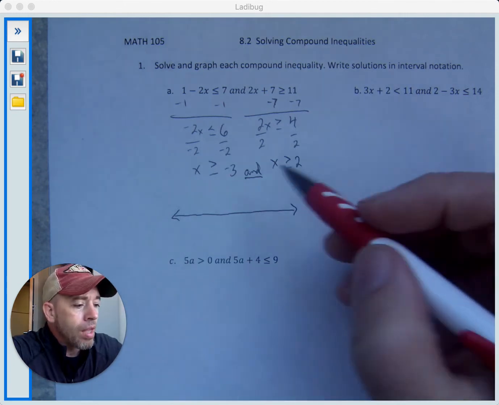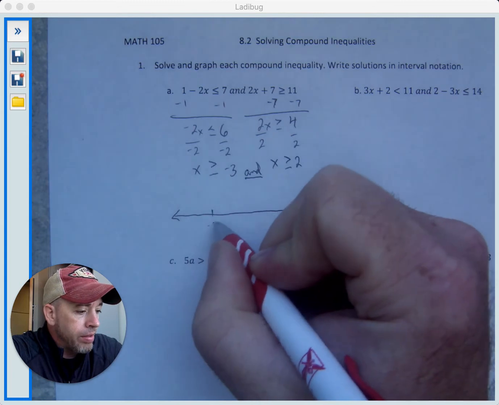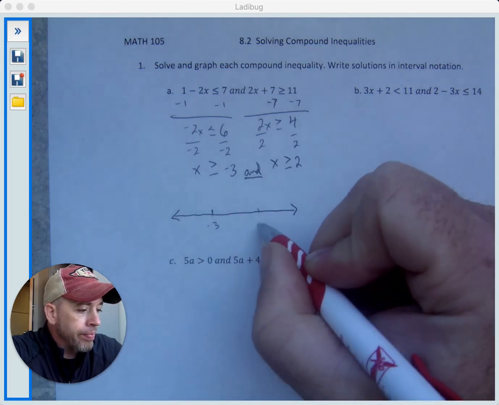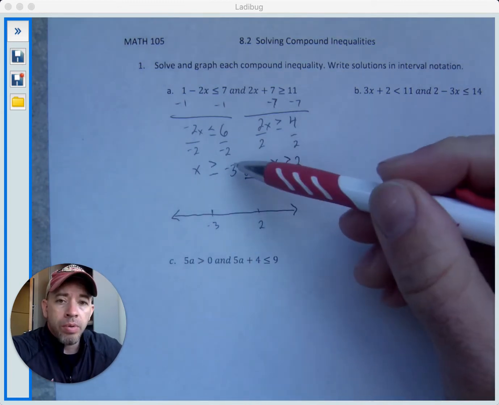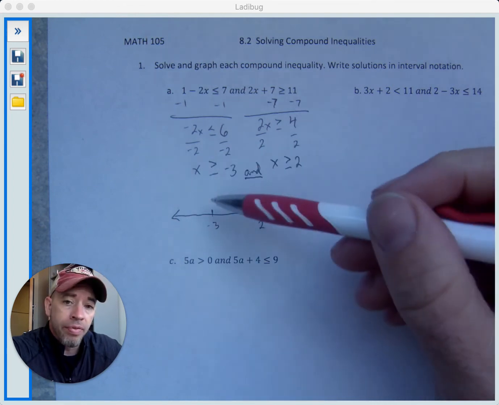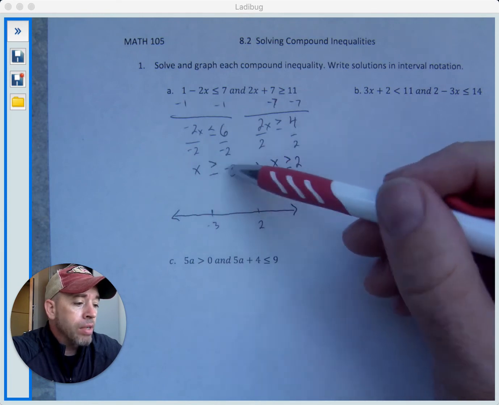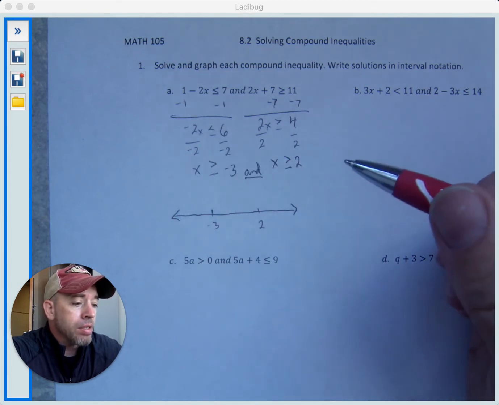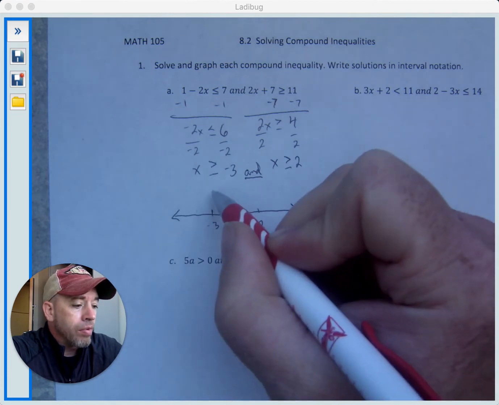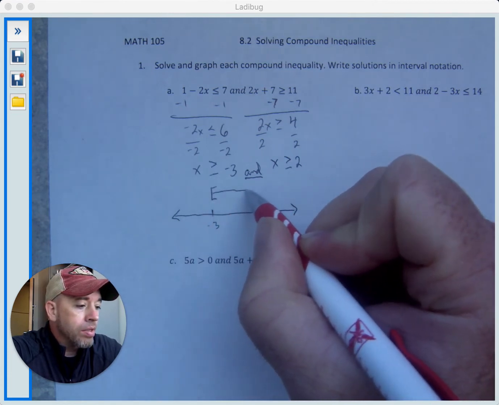So I put a negative 3 somewhere, and I'll put a 2 somewhere. We want to know where x is greater than or equal to negative 3. I'm going to graph this piece above. That happens. I have a bracket, and it goes this way.